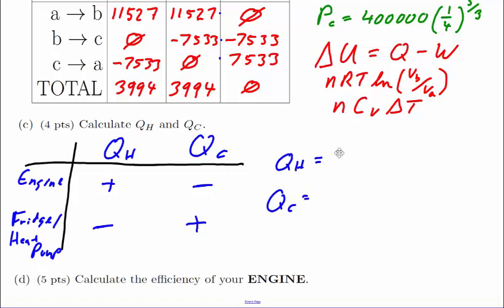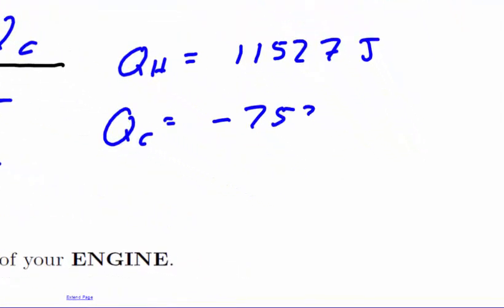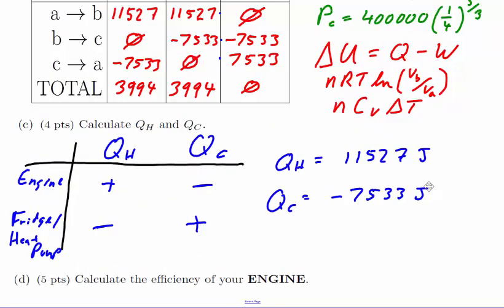There's only one, so Q hot is 11,527 joules. Q cold is the sum of all the negative contributions. Therefore, Q cold is negative 7,533 joules, and we have identified both Q hot and Q cold.